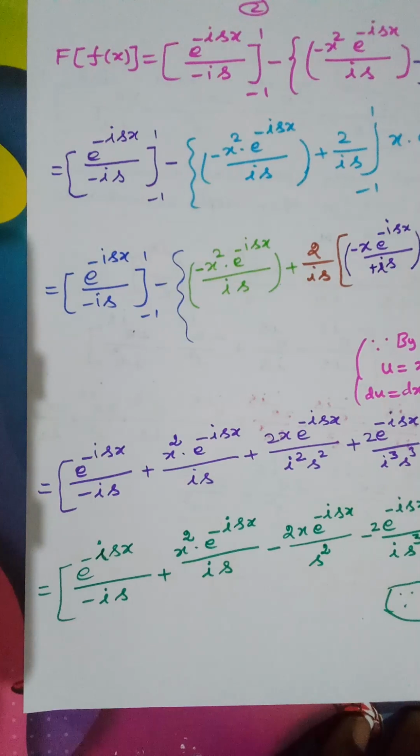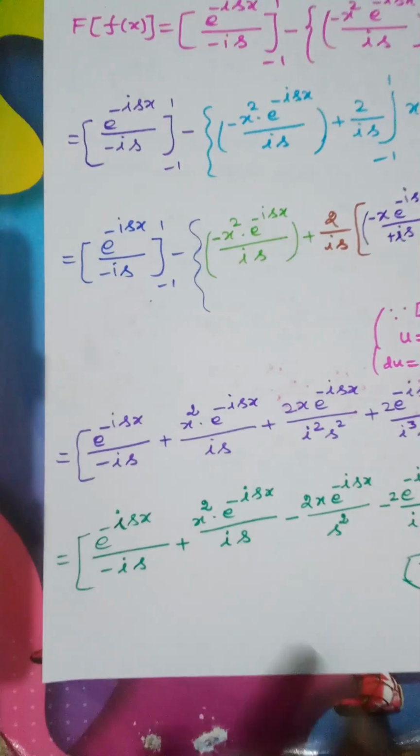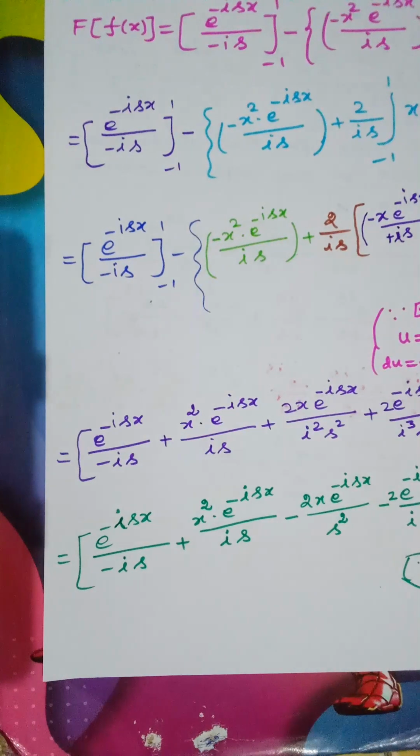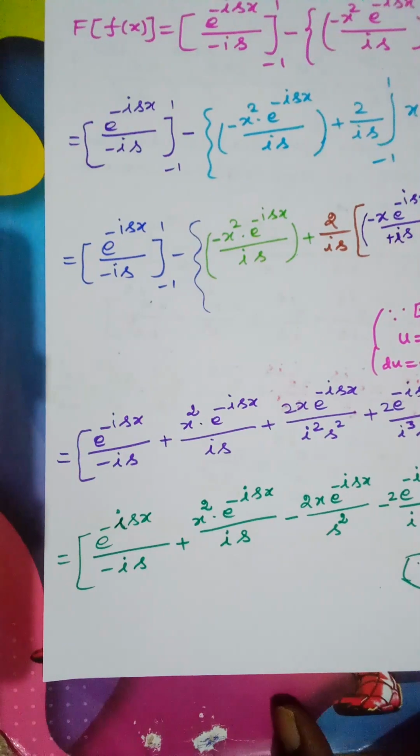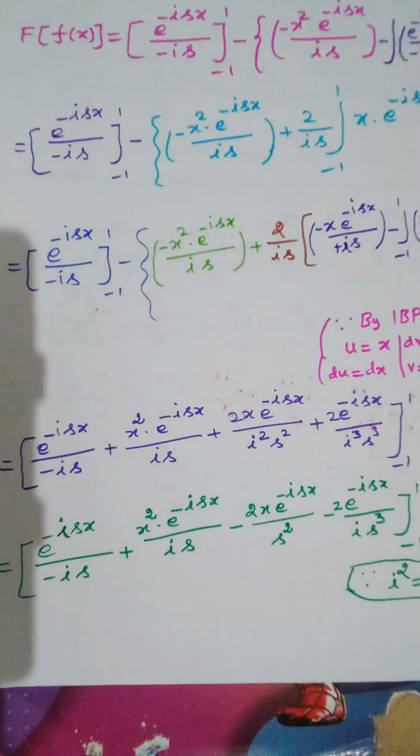Now I'm going to apply the simplification. The very first term there is no change, e power minus isx by minus is, keep as it is. Go to the second one, x squared e power minus isx by is, second term is also right as it is. Go to the third term, there is i squared in the denominator. Already we know i squared means minus 1. So 2 plus 2 becomes minus 2x e power minus isx by s squared.